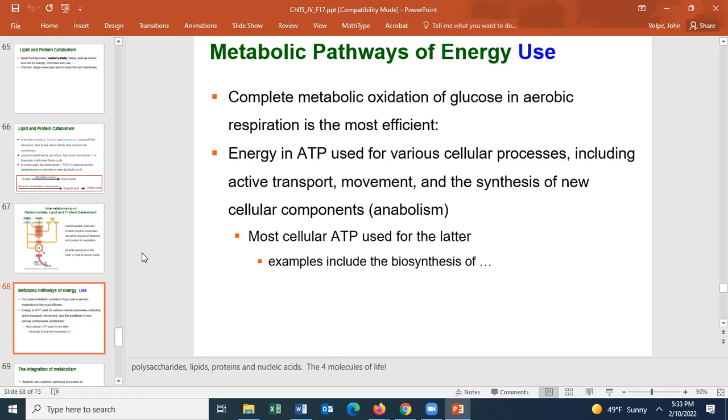And the one that uses the most is, of course, when it's biosynthesizing larger molecules like polysaccharides, lipids, and proteins and nucleic acids, the four molecules of life. To make the larger biological molecule, the cell has to use ATP.